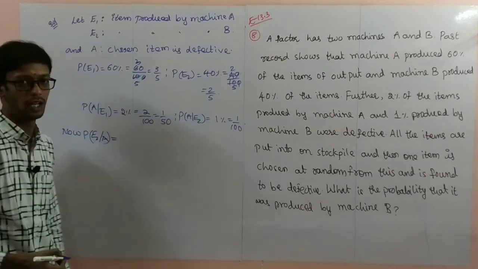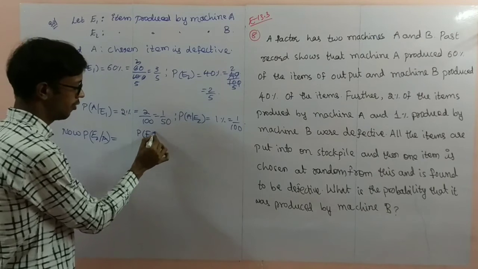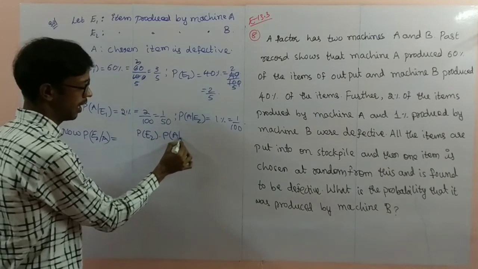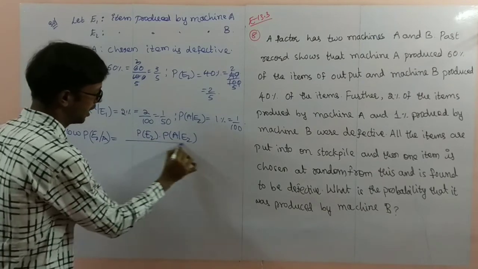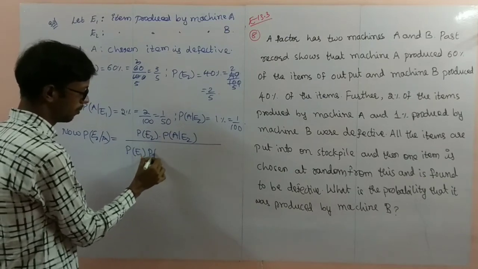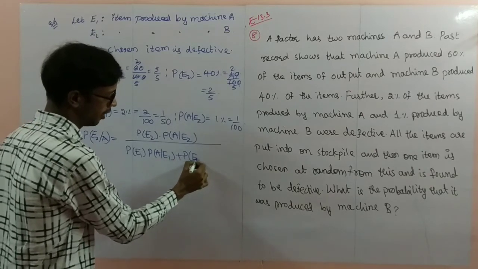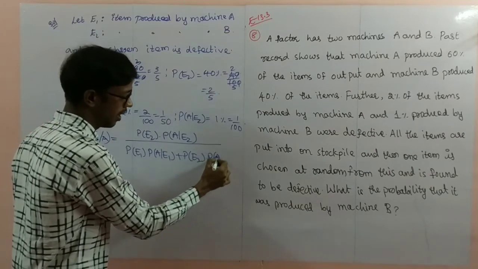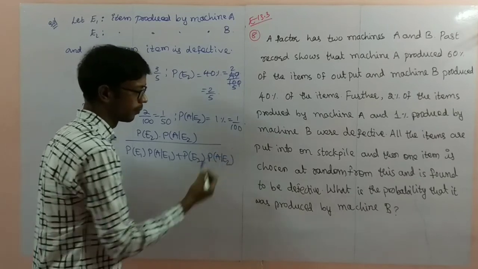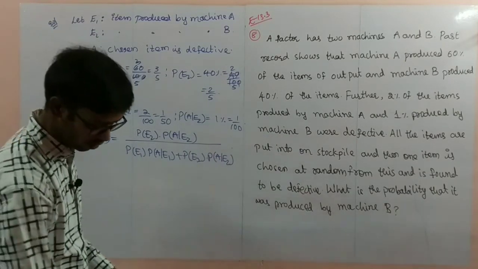By using the Bayes theorem, probability of E2 into P of A by E2 divided by probability of E1 into probability of A by E1 plus probability of E2 into probability of A by E2. So this is a formula. Just you have to substitute all values here.